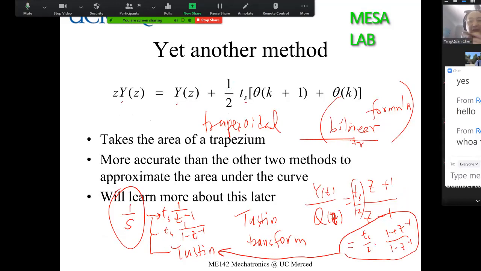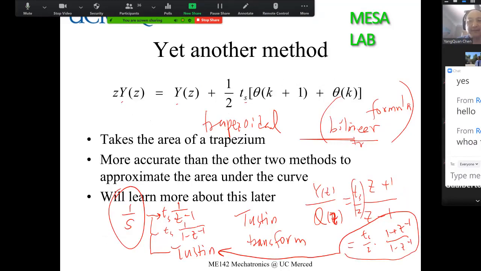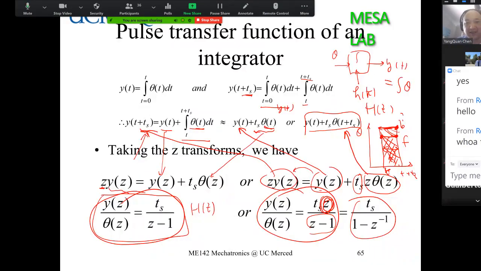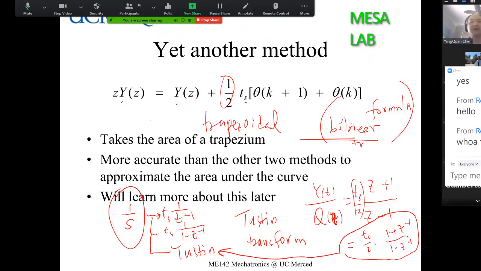So I'm doing something in between, right? That's why we divided by 2. I'm adding this equation and this equation together, and you got this one.